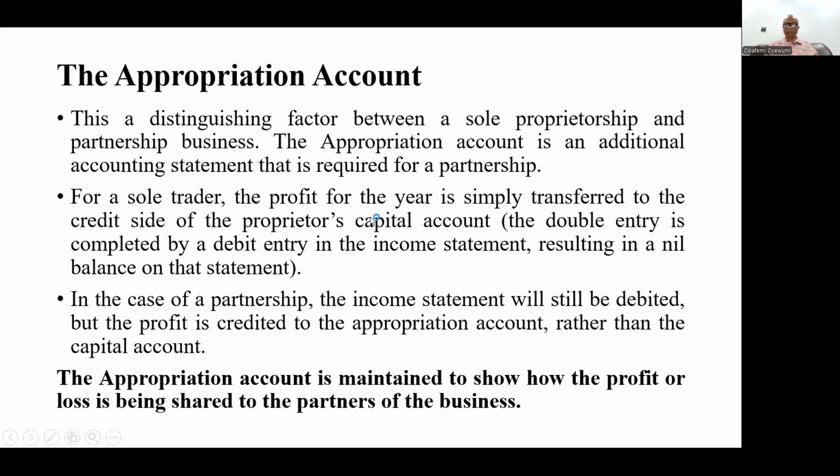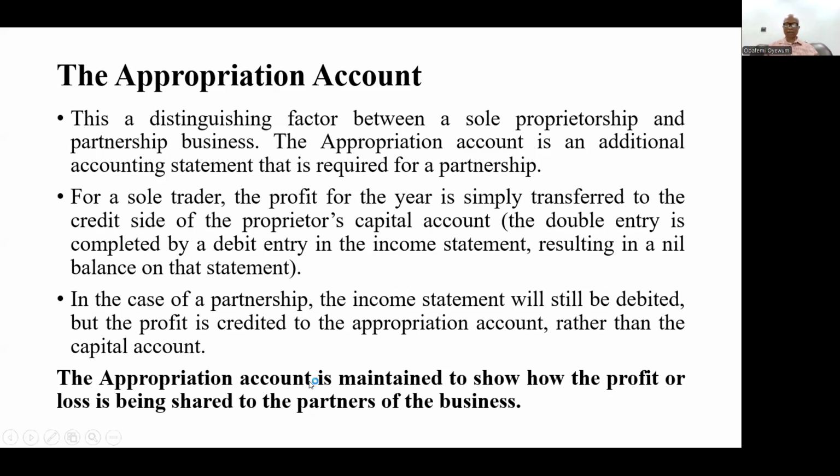For a sole trader, the profit is simply transferred to the credit side of the proprietor's capital account, and that ends the whole accounting structure. Now, when it comes to partnership, the income statement will still be debited, but the profit is credited to the appropriation account, which is an extension of the income statement.